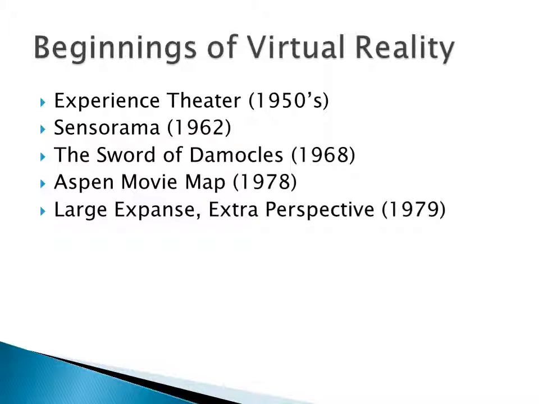Let's take a look at the beginnings of virtual reality. The exact origins of virtual reality are arguable. However, in the 1950s, a man by the name of Morton Heilig created a play titled The Experience Theater, in which all five senses were incorporated in one manner or another.